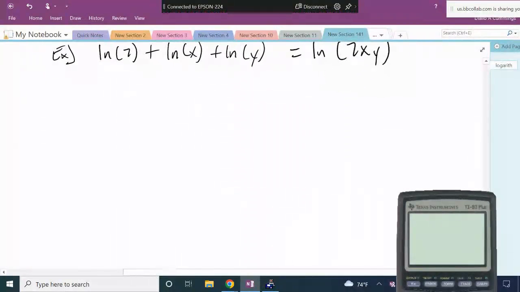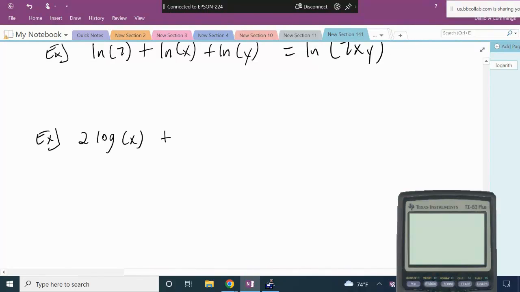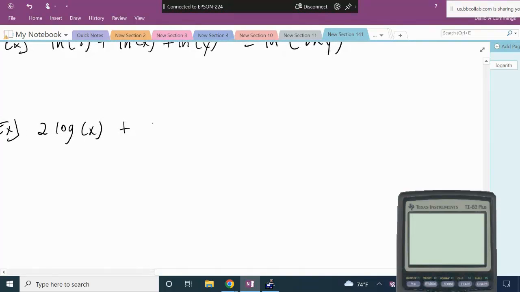Okay, we'll take a look at this one. All right, so the directions are the same. We want to condense it to a single logarithm. 2 log x plus 3 times a log of x plus 3.